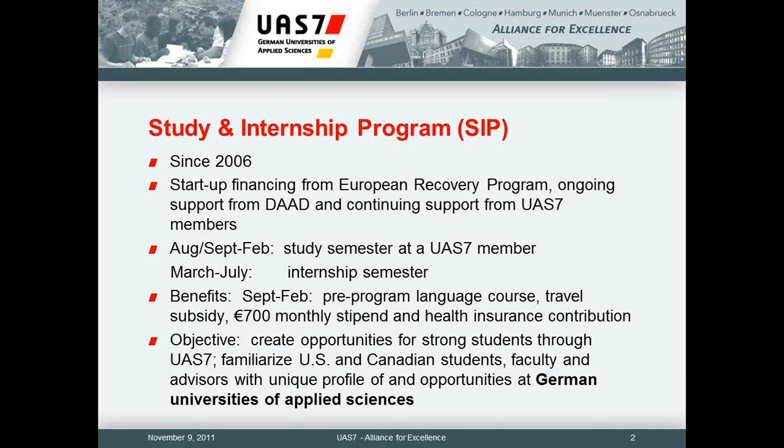The benefits are very similar to DAAD scholarships. In fact, the €700 number that you see there for the monthly stipend tends to net out to about $650 because that includes the contribution for health insurance, which we also include. We include that language course in the benefits, as well as the travel subsidy, which Britt mentioned.